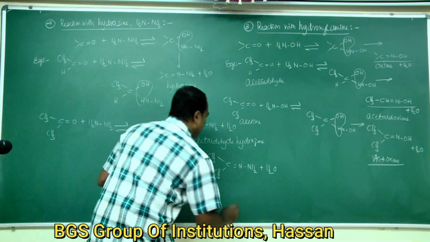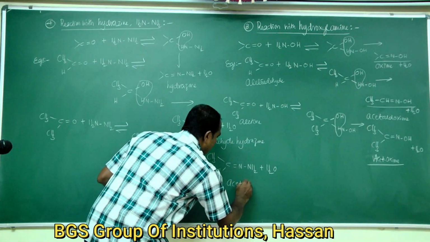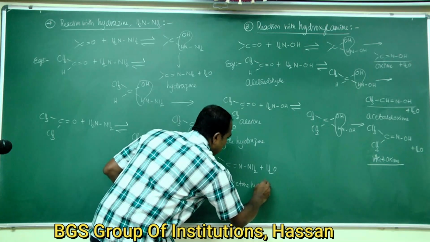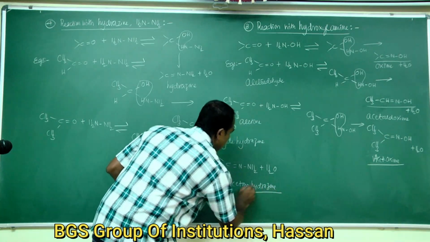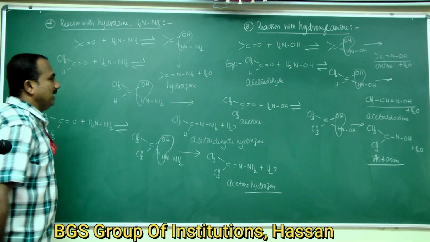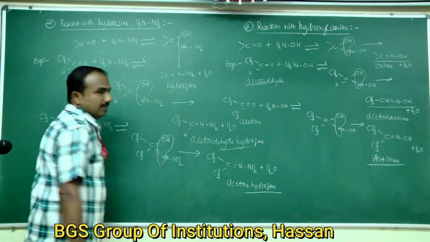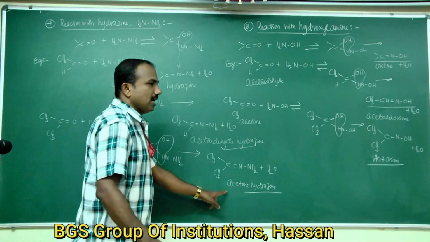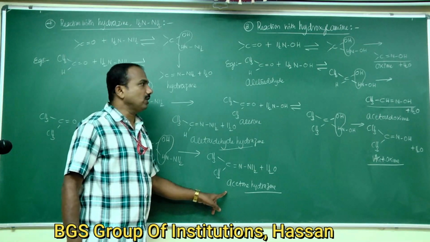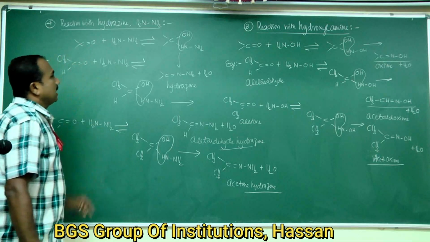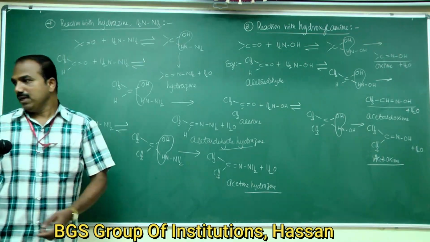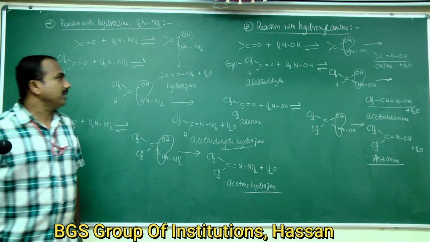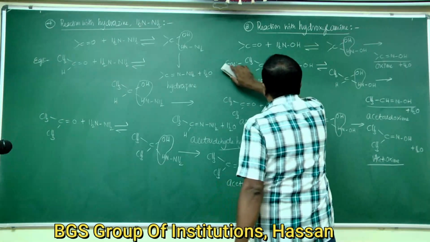This is acetone hydrazone. So if we take acetaldehyde, the product formed is acetaldehyde hydrazone. If we take acetone, the product formed is acetone hydrazone. This is reaction with hydrazine. Next is reaction with phenylhydrazine.